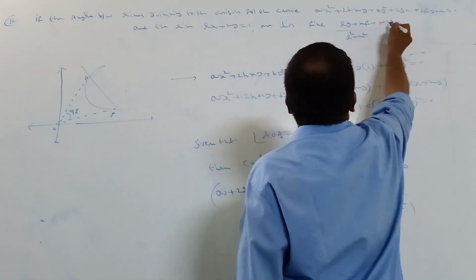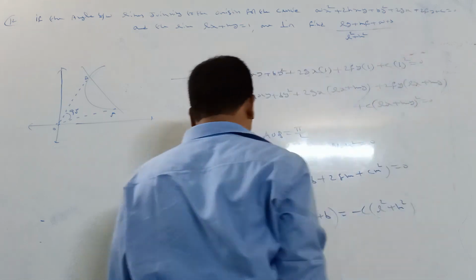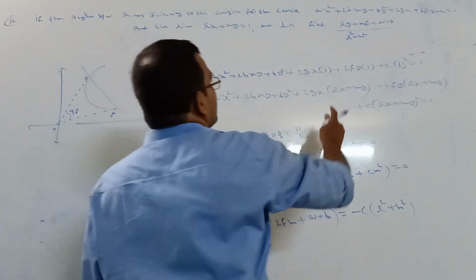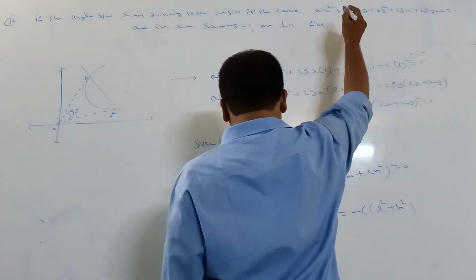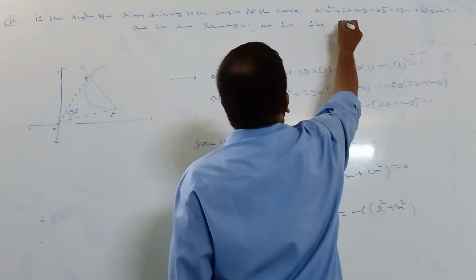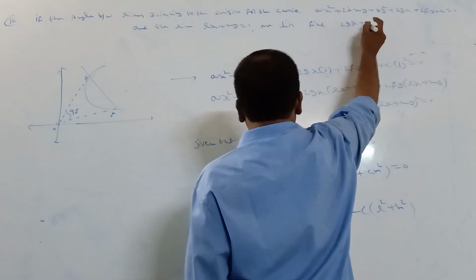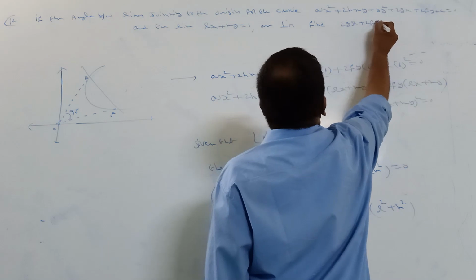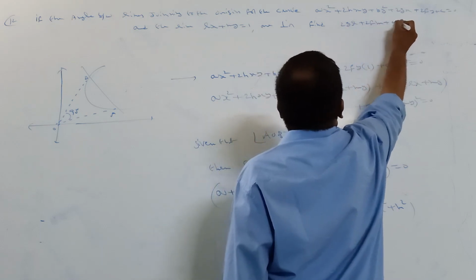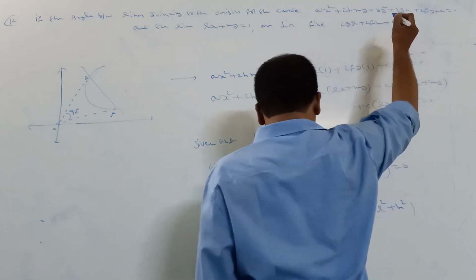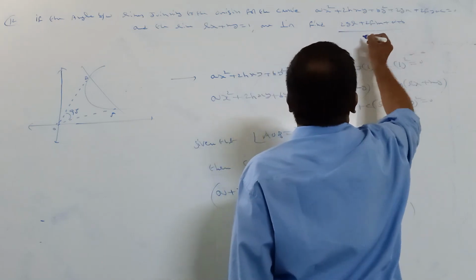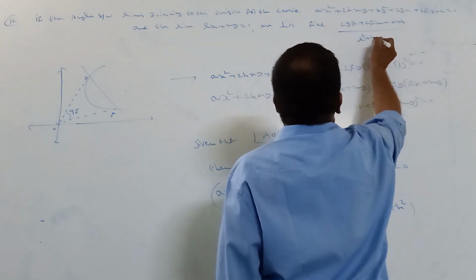They are asking 2gl plus 2fm plus a plus b by l square plus m square.